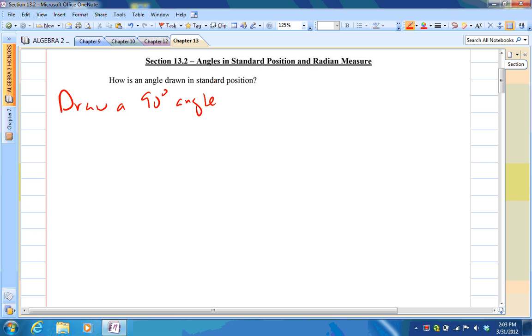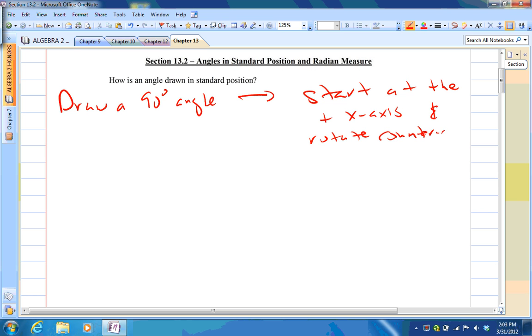The way it works, you start at the positive x-axis and rotate counterclockwise.